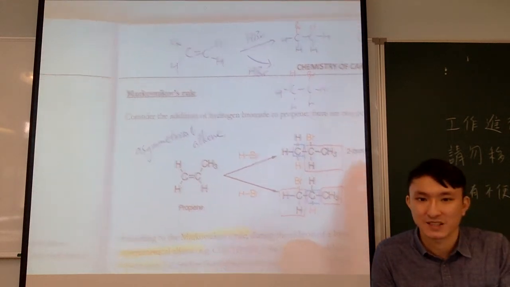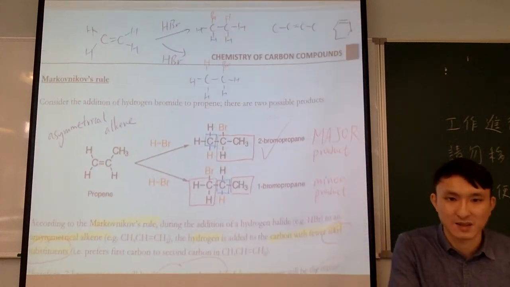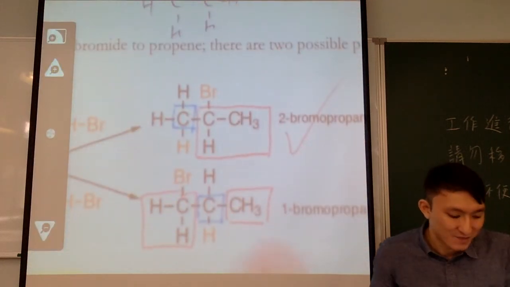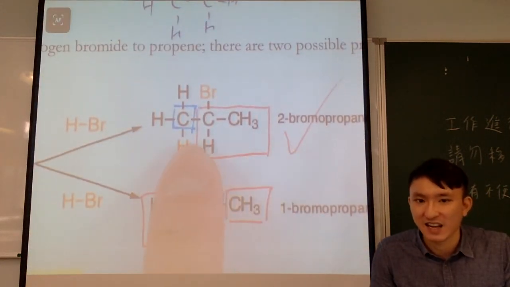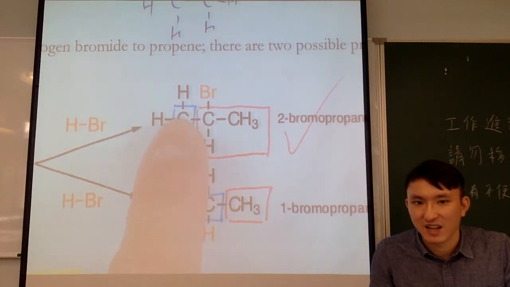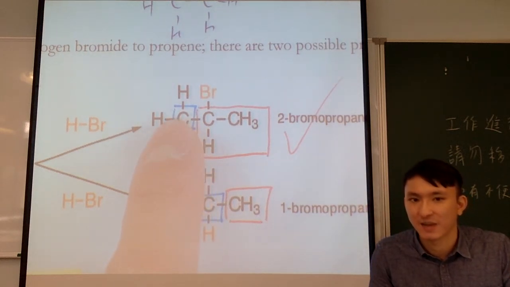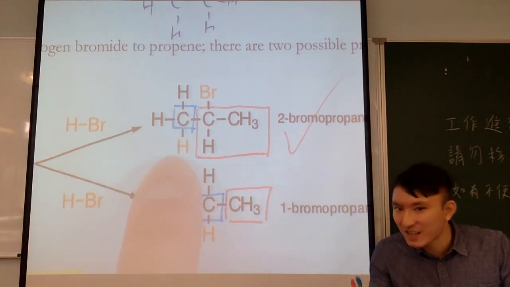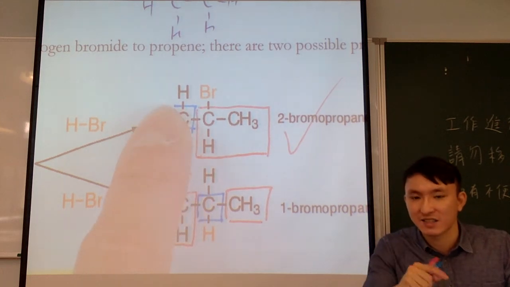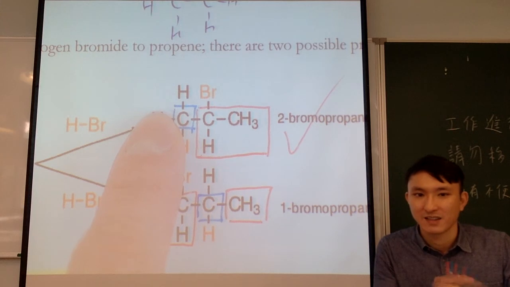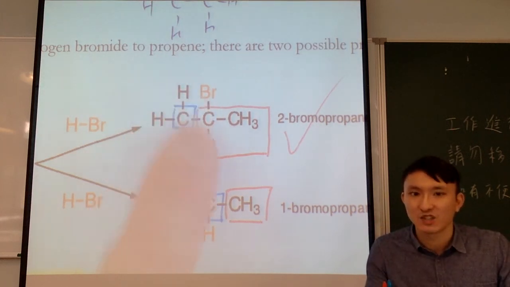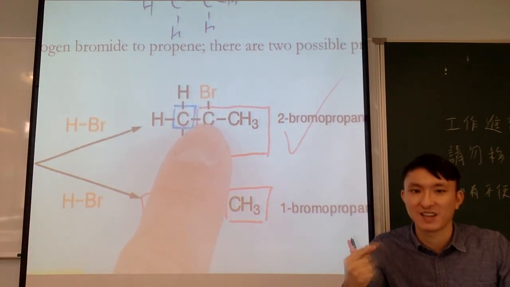Like I said, this one is the major product. And this major product has the hydrogen atom added to the less substituted carbon. And when the hydrogen atom is added to the less substituted carbon, the halogen must be added to the more substituted carbon.